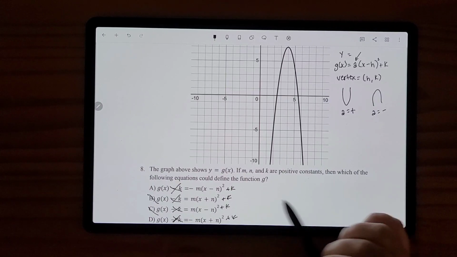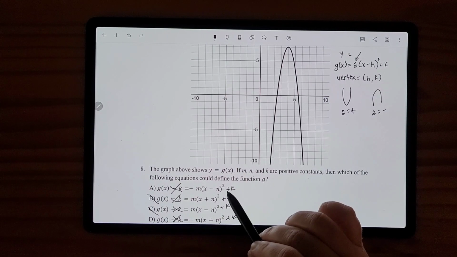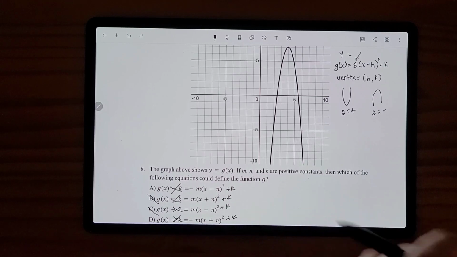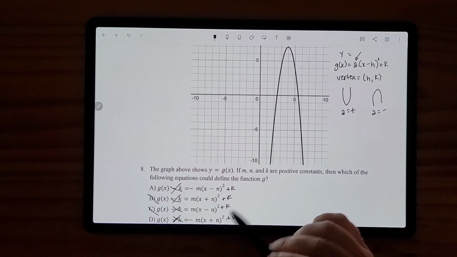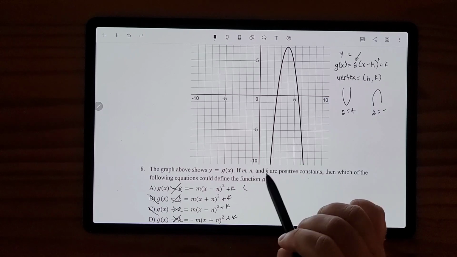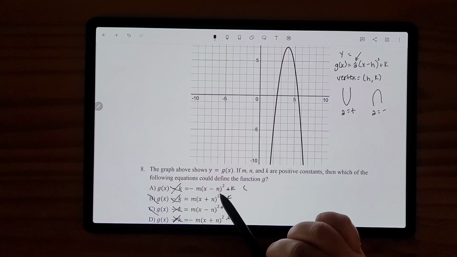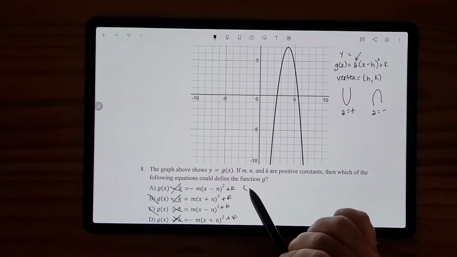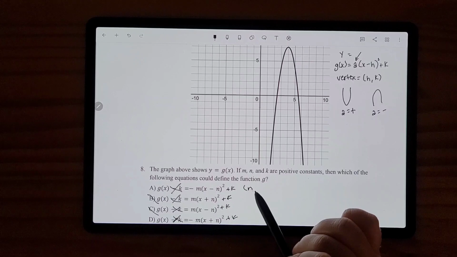Now I'm going to use the vertex form to figure out what point is my vertex for each of these equations. I like to remember that the vertex is always, if it's in vertex form, the opposite of what's next to the x inside parentheses. So like if you have minus n, the opposite would be positive n.